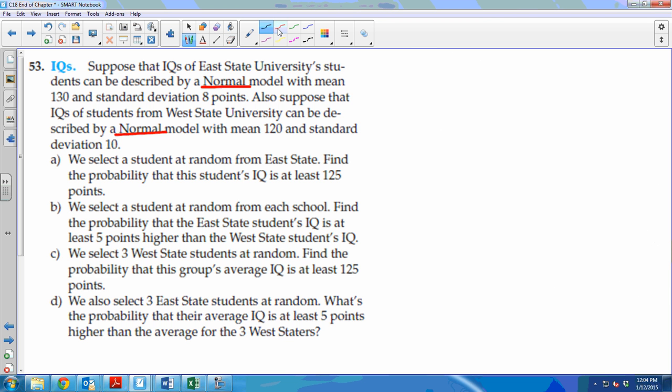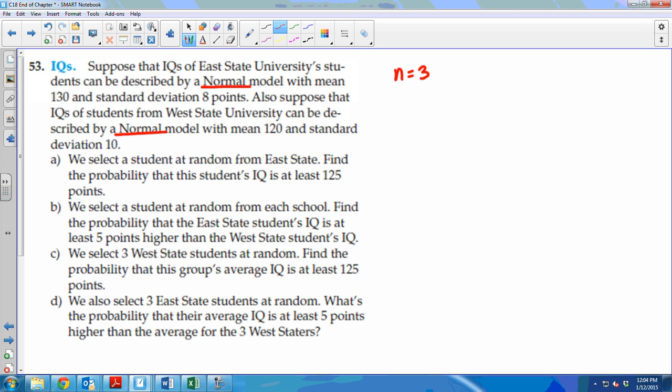All right, on part C then. We select 3 West State students at random. So we have n equals 3. Find the probability that this group's average IQ is at least 125 points. We have a sample size now. Yeah, we do. So, it's still normal though, right? Sample size of 3 is large enough, but it tells you that it's normal to begin with, right?